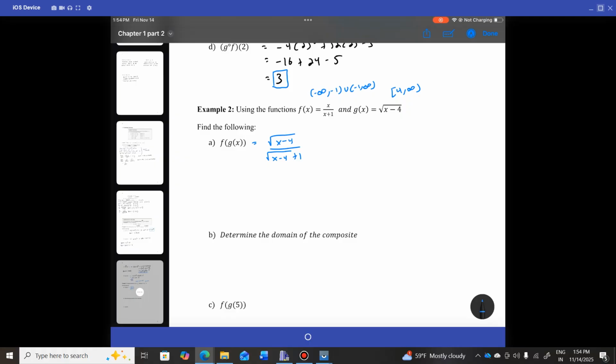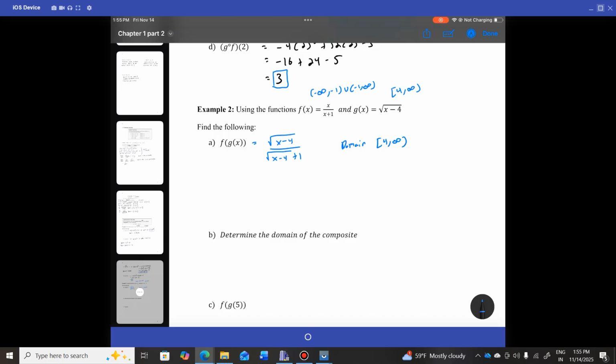Now our denominator, the only way that you'll get 0 is if square root of x minus 4 ends up equaling negative 1, which won't happen. So that won't cause an issue. And then the numerator also, that won't be an issue with what values come out there. So your domain is just what g of x is, which is 4 to infinity.